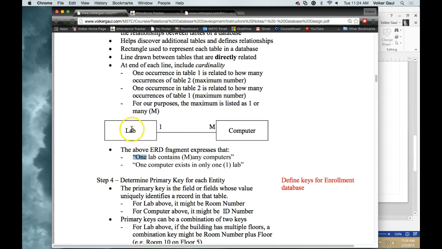One lab, that's not what this one means. I start in this box. One lab contains many computers. M is what I'm trying to figure out. One lab contains how many computers? Many. Then you reverse the process. One computer is contained in or housed in or stored in one and only one lab.